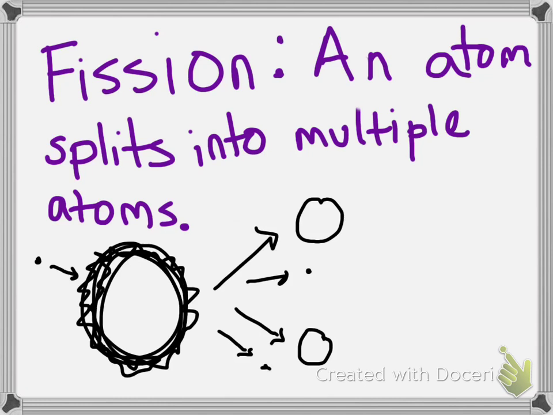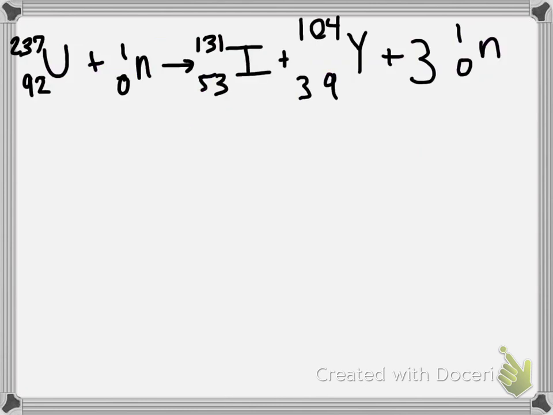So this is a fission. The key is we start with a big atom and it breaks apart into two or more smaller atoms. So for example, we could start with uranium 237, and this symbol stands for a neutron, and this neutron would hit that uranium atom.